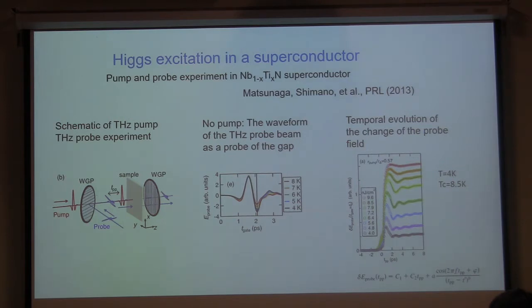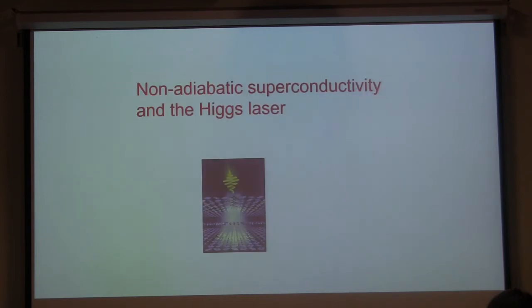Details not so important, but the first pulse comes in, and then they use the second pulse to probe the magnitude of the gap as a function of delay with respect to the first pulse. What this curve shows is the gap as a function of time, and we see oscillations at a frequency which corresponds to twice the superconducting gap, which is the frequency at which we expect to see the Higgs oscillation.